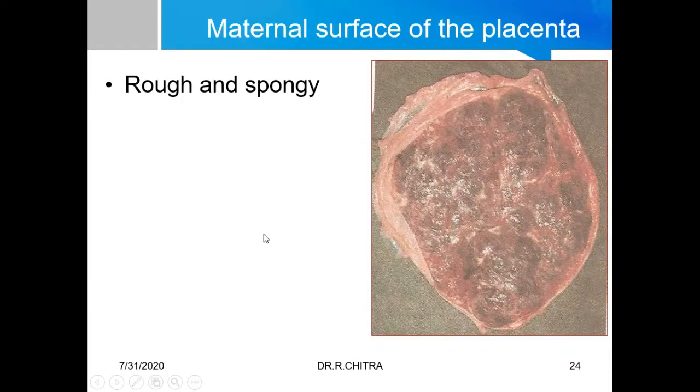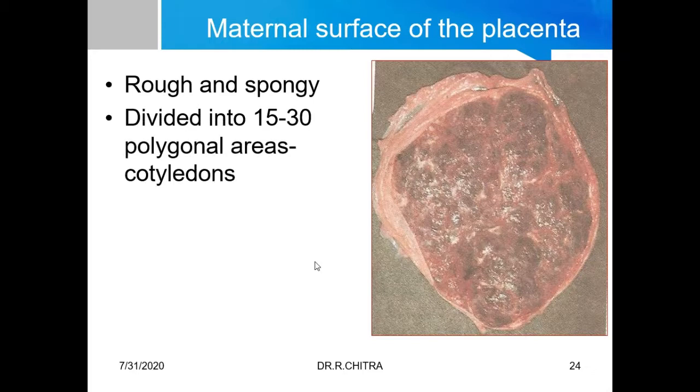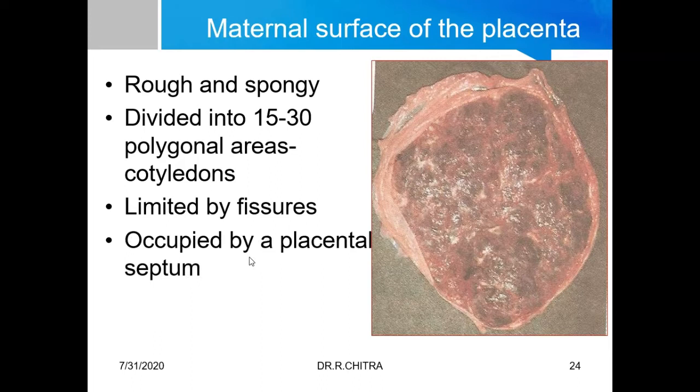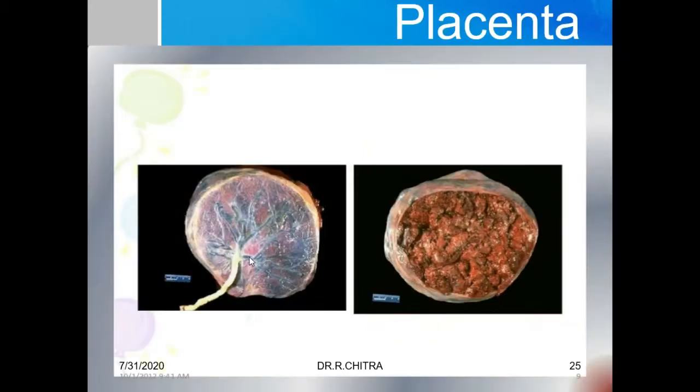The maternal surface is rough and spongy. It has 15 to 30 cotyledons limited by fissures or septa. So this is the maternal surface. This is how to differentiate the two surfaces in the gross anatomy of the placenta.